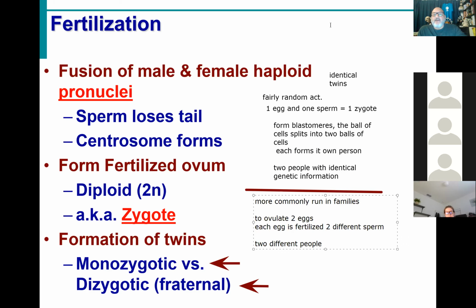Excellent. And lastly, let's go back up here. As I mentioned, we form those blastomeres and they split into two independent balls of cells, forming two independent people. But sometimes this split occurs later in the developmental process and the two balls don't completely separate from each other.